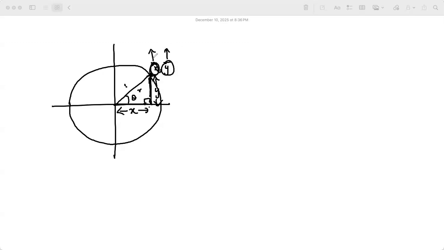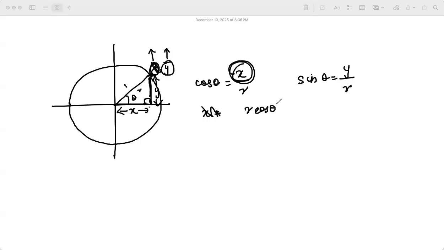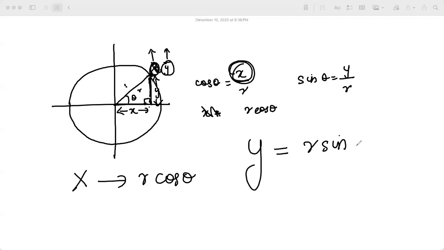X is cos theta. Cos theta is adjacent by hypotenuse, sin theta is opposite by hypotenuse. Then your coordinate x is written as r cos theta. Wherever you see x, it can be plugged in with r cos theta. Wherever you see y, it can be plugged in with r sin theta.